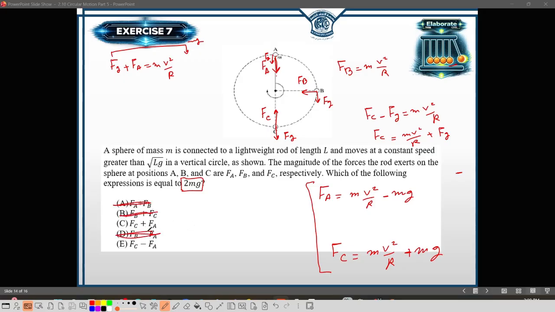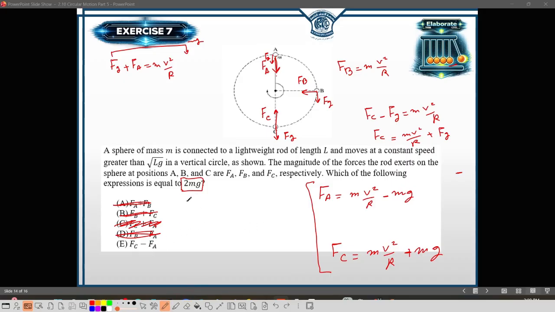We'll end with two answers. If we add Fc and Fa together, the mg here and the mg here will cancel out, and we will end with mv squared over r plus mv squared over r, and this is not correct. This is not what we are looking for. So it's not the addition, it will be the subtraction, and let me prove it for you.